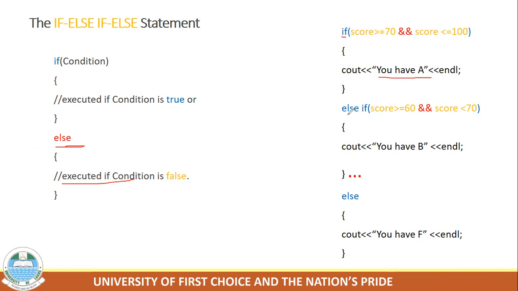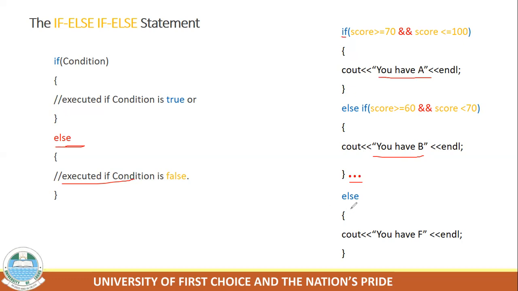Otherwise, else if score is greater or equal to 60 and score is less than 70, display you have B. So on and so forth. You can have another else if statement.